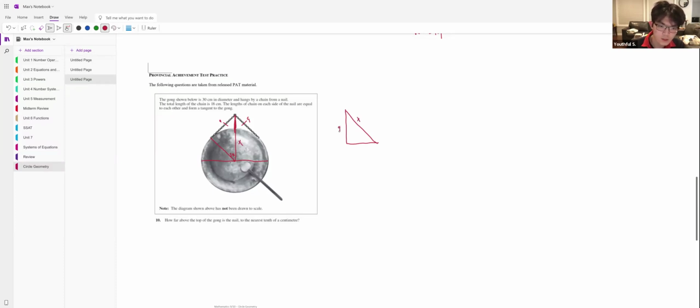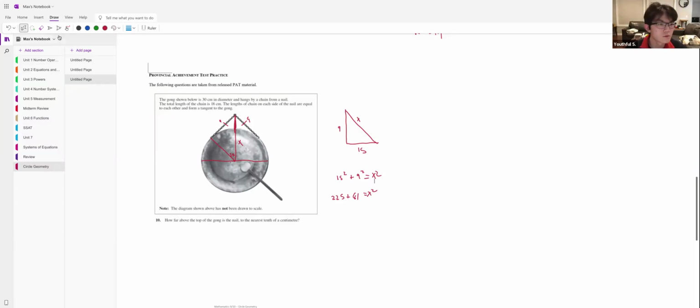One of the arms is 9, and the other one is half the diameter, which is 15. So now we can solve for x. 15 squared plus 9 squared gives us x squared. So 225 plus 81 is equal to x squared.